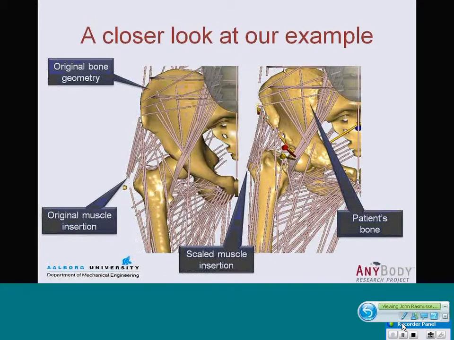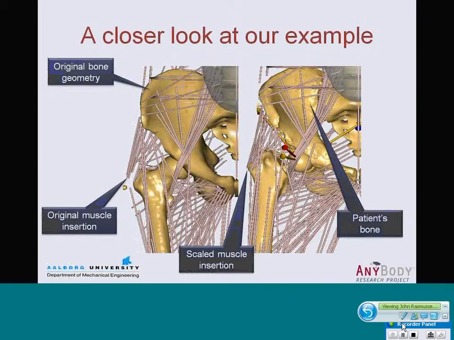The actual bones on the right-hand side are not scaled versions of the ones you have on the left-hand side. We could actually do that, and if we did that, we would get something on the right-hand side that would be similar to what we have here, but it would not be as accurate as the real bones that we have inserted here.